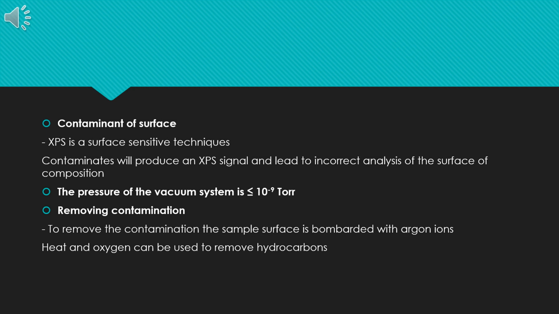XPS is a surface-sensitive technique, and contaminants will produce an XPS signal and lead to incorrect analysis of the surface composition. The second factor is the pressure of the vacuum system, which is around 10 to the power of minus 9 torr, and the last is removing contamination. To remove the contamination, the sample surface is bombarded with argon ions. Heat and oxygen can be used to remove hydrocarbon.